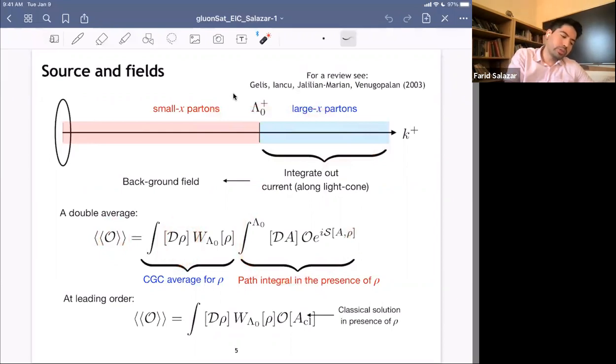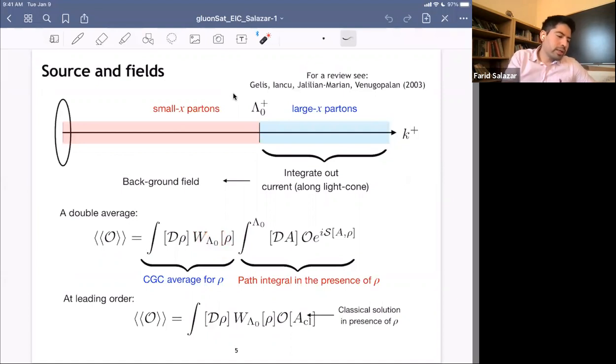And these configurations of sources will be encoded in this W, the gauge invariant weight functional, whose information is non-perturbative. Nonetheless, its evolution with this scale is perturbative and will be given by the so-called BK JIMWLK equations. And I will get there in a bit to explain in more detail how that comes up.